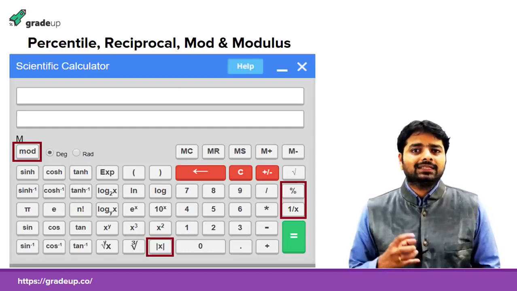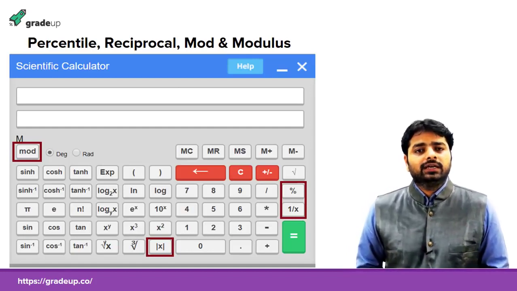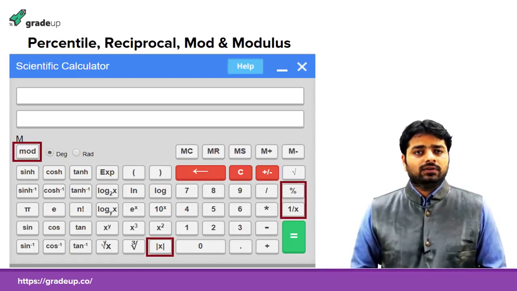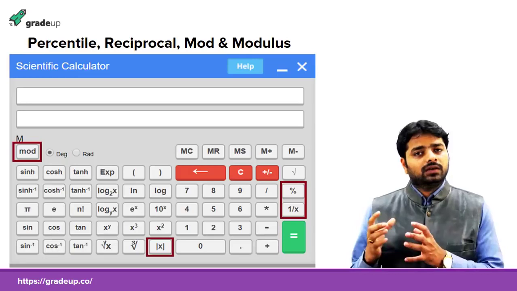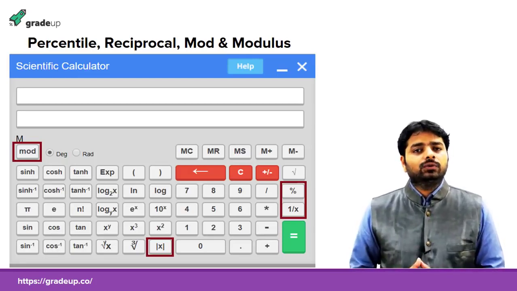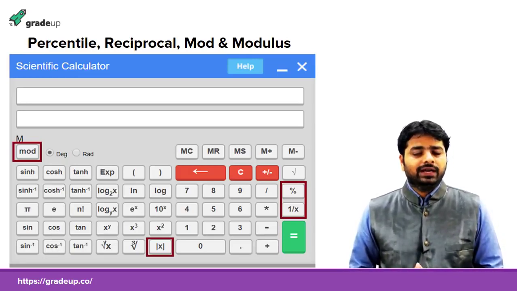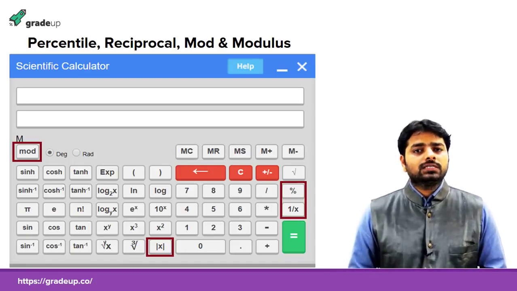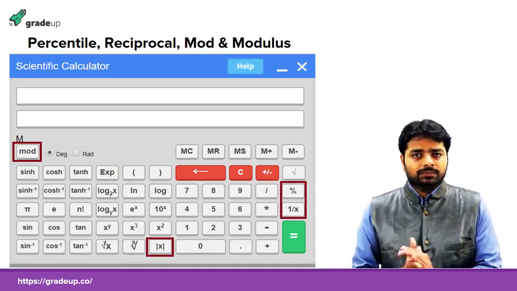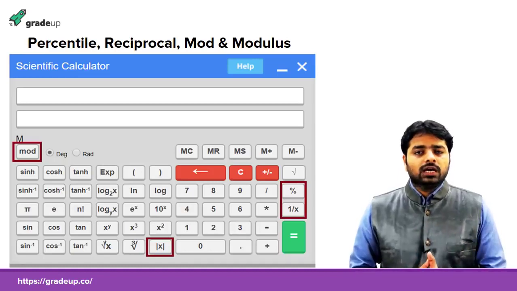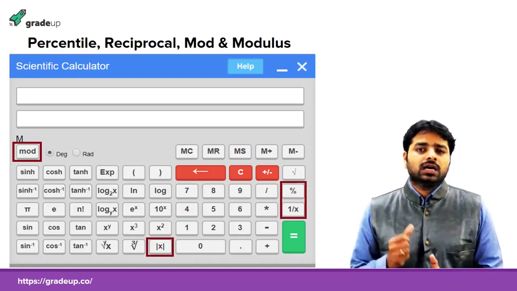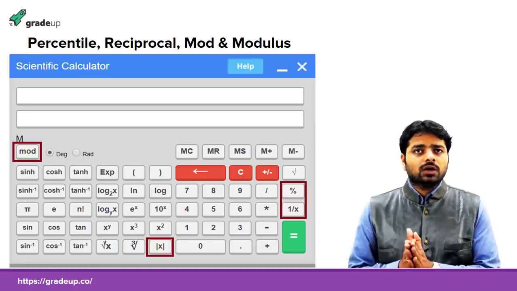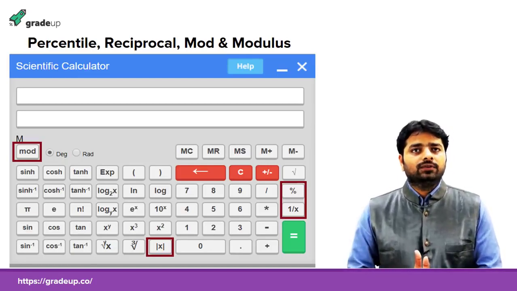So mod calculates the remainder when you divide one number by another. x mod y gives you the remainder when you divide x by y. Modulus represents the absolute value of a given number. If I give you minus 20, the absolute value of minus 20 is 20, so it always gives you a positive value.